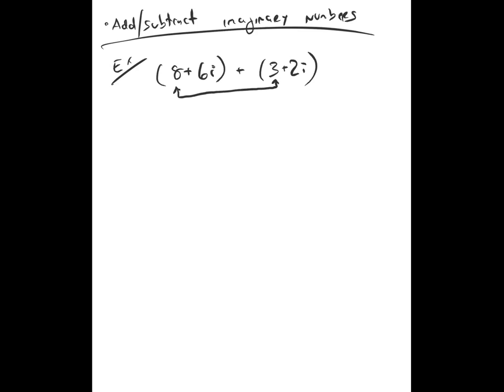We're just collecting our like terms: 8 plus 3 gives us an 11, and then we have 6i plus 2i. They're like terms, so that gives us an 8i. Now these are unlike, so we are done looking at it in the format of a plus bi.